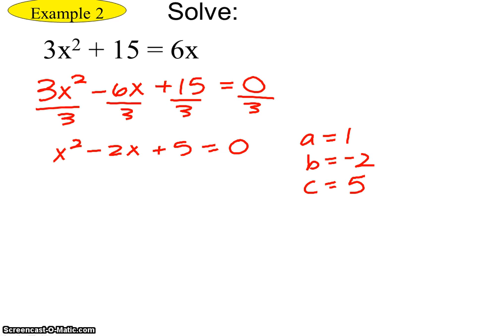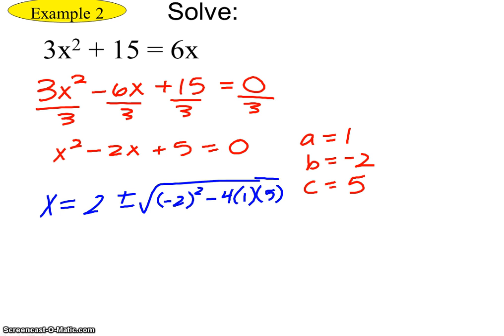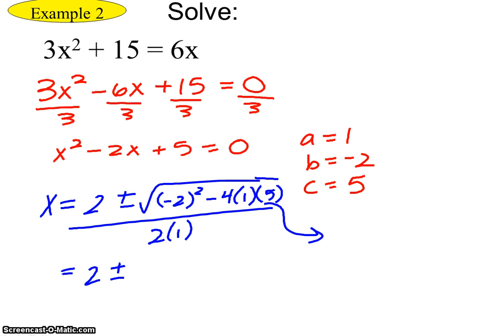Now let's use the quadratic formula. X equals opposite b plus or minus square root of b squared minus 4ac all over 2a. And then again, look at that the quadratic underneath, or the discriminant it's called. That's 4 minus 20.